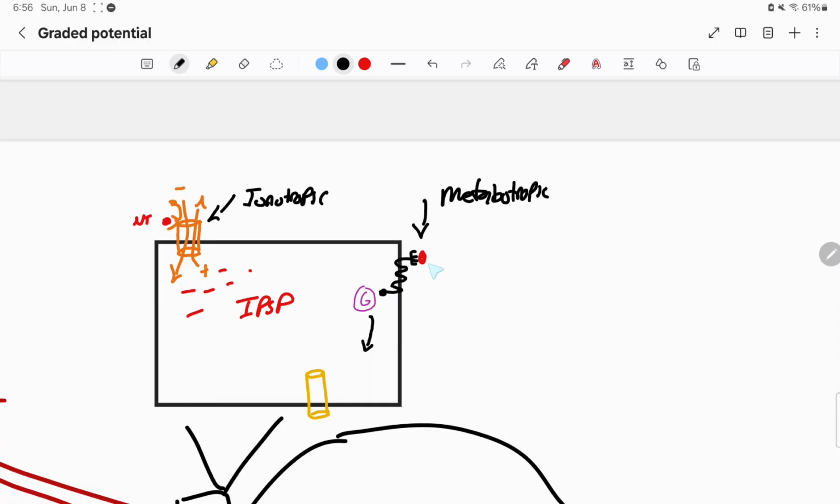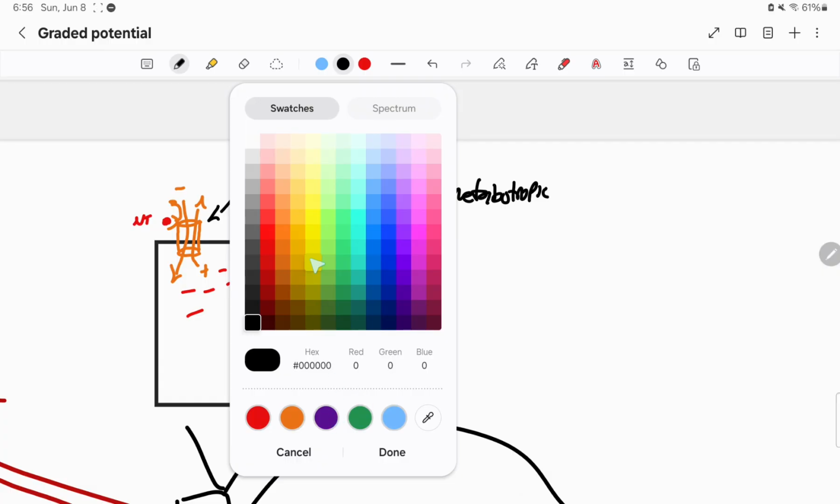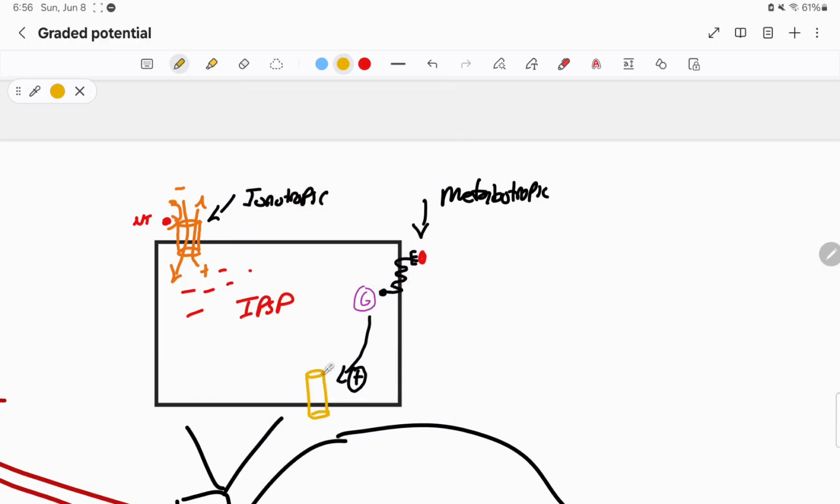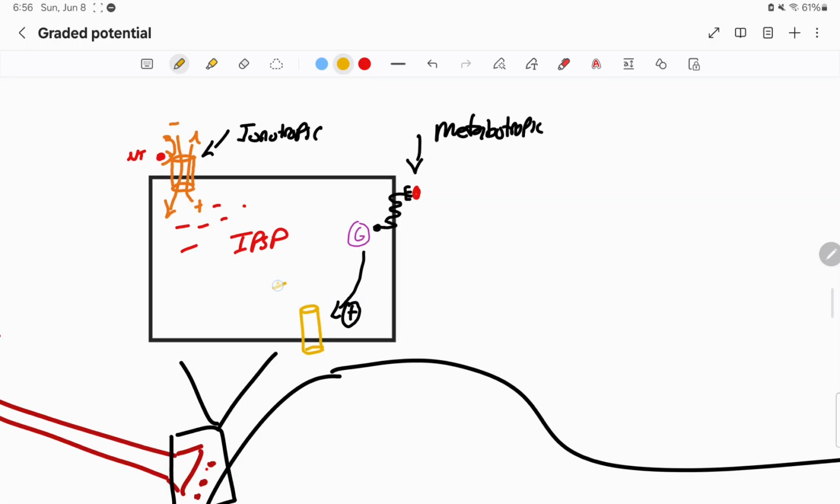So as soon as a neurotransmitter binds, the G protein separates and can go over to a specific channel on the membrane and stimulate its opening. That will cause either the movement of positive charges outside or the movement of negative charges inside, achieving the same result, IPSP.